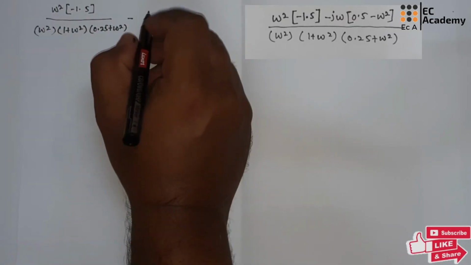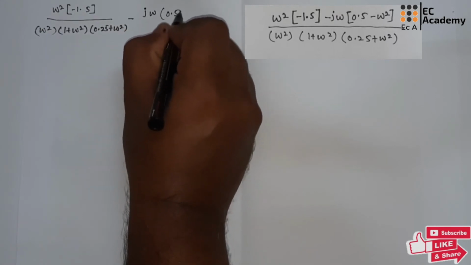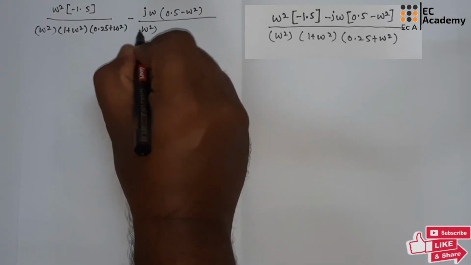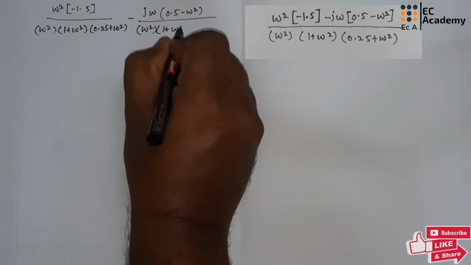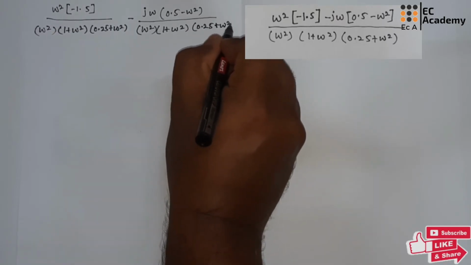We'll write the imaginary term as j omega into 0.5 minus omega square, whole divided by omega square into 1 plus omega square into 0.25 plus omega square.